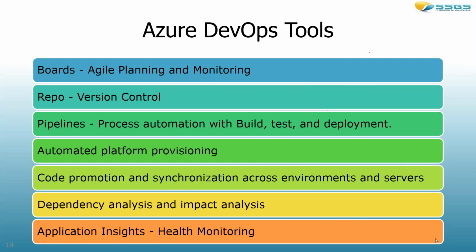As I mentioned, you may have a process in which you have a dev environment where the automated deployment takes place as soon as the build is created, and then you may have the test environment where from time to time you may want to do the automated deployment, but you don't want every build to be deployed on the test environment. And then you may have any other environments that the organization desires.